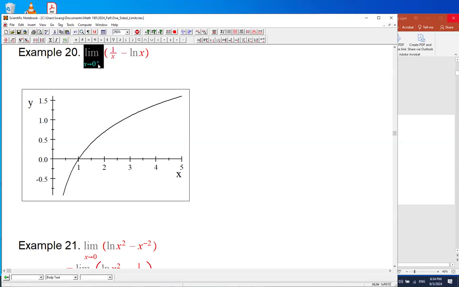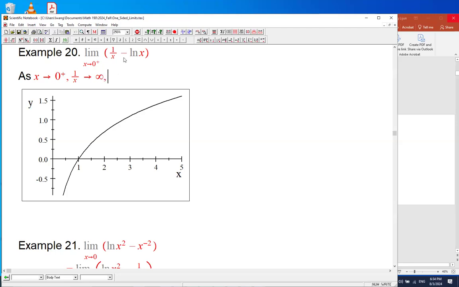As x approaches 0 from larger than 0, 1 over x is approaching positive infinity because the denominator is approaching 0 while positive.